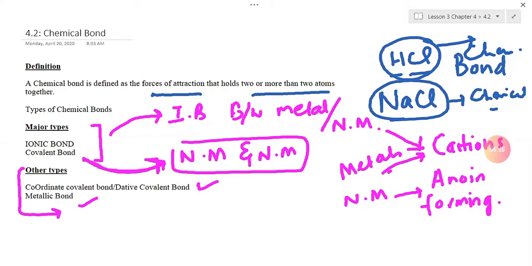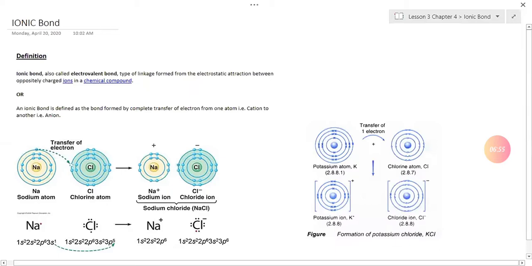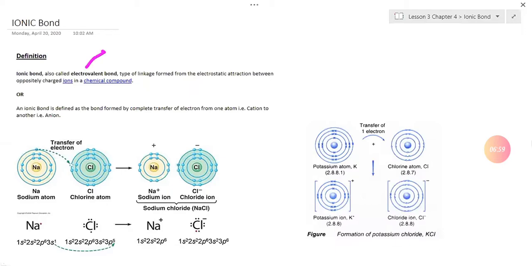Okay, let's move now to the next topic, that is ionic bond. Ionic bond is also called an electrovalent bond, and it is the electrostatic forces of attraction that hold oppositely charged ions. As previously told, oppositely charged ions are cations and anions.